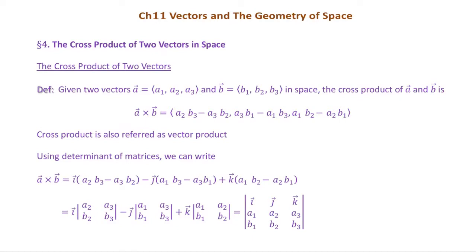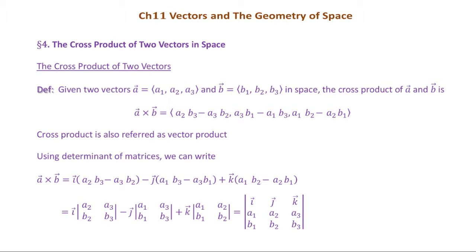You can easily check that backward, instead of going forward. You can expand this determinant: the first thing you get is I times the determinant of A2, A3, B2, B3, and then minus J times the determinant of A1, A3, B1, B3, and then plus K times the determinant of A1, A2, B1, B2, if you delete the rows and columns. And that's exactly what we have for A cross B.